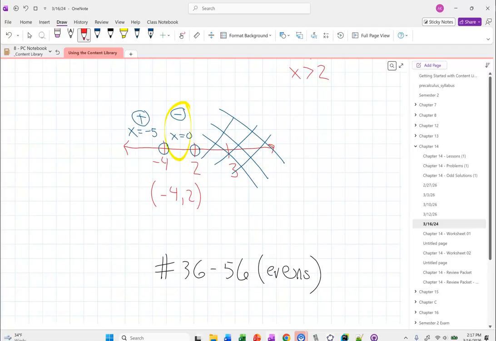Your assignment from this section is 36 to 56 evens. So for Sunday, we have worksheet 2. Remember, I passed this out to you guys sometime last week. It hasn't been due yet. If you need another one, they're right there.